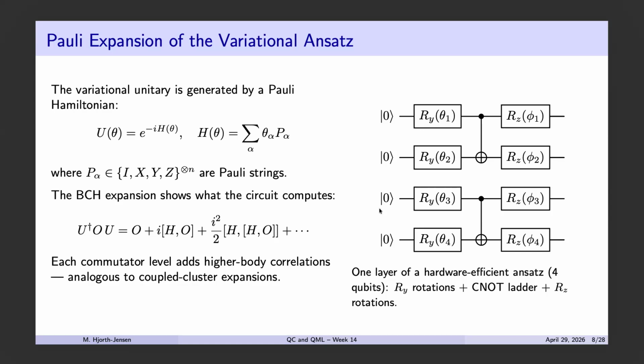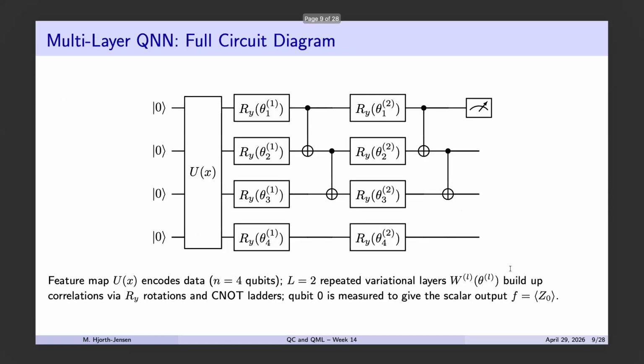So you could have an implementation of this where you have the different rotations, you have an entangler, and then you have new rotations, etc. So if you set up the full diagram, it could look something like this. You could have the feature which is encoded here, that encodes the data. This is for 4 qubits. And then you have 2 repeated variational layers.